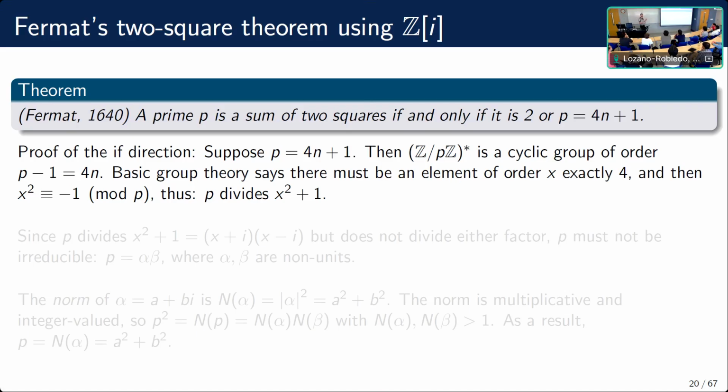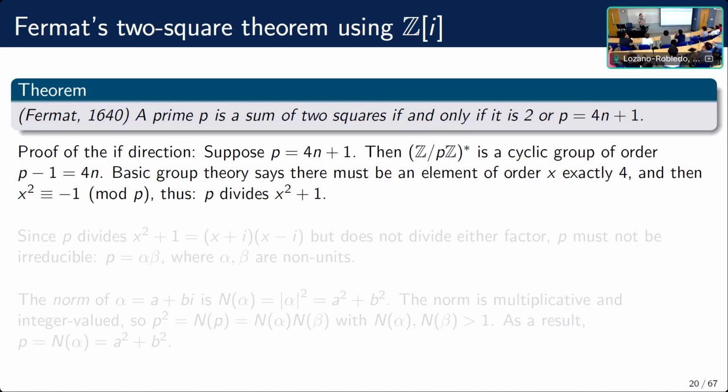So we have a cyclic group whose order is divisible by 4, and there's always an element of order exactly 4. You could take a generator and raise it to the nth power. I maybe skipped a step here, but when you raise that element to the second power, it gives you an element of order 2. And there's only one element of order 2, it's -1. There can't be any others in a cyclic group.